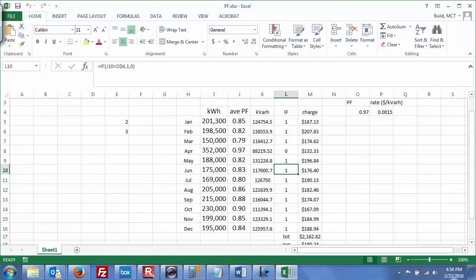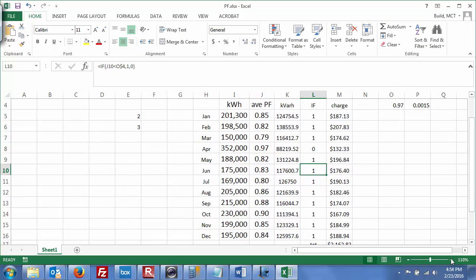Okay, make this a little bit bigger. And I also wanted to double check this. So here's each month. It's just January, February, March, April, May.